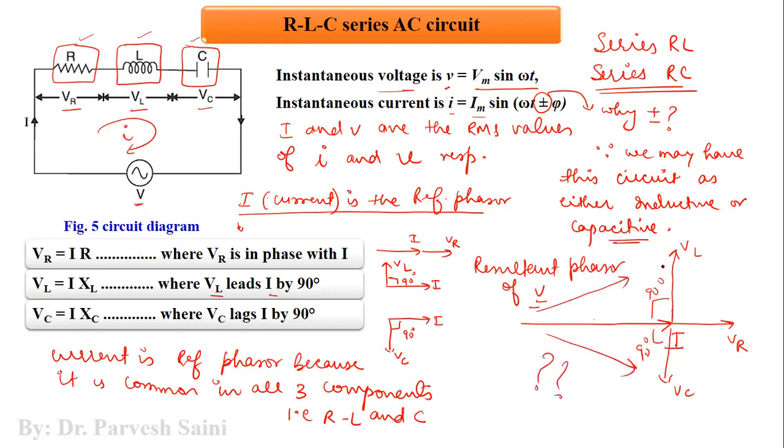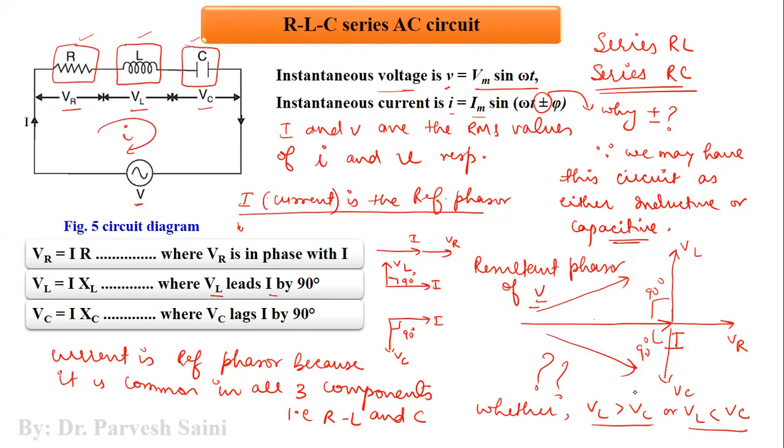Now, how will we come to know where we have to put the resultant phasor? That all depends upon whether your VL is greater than VC or VL is less than VC. So whichever will dominate. If inductor dominates, then the resultant phasor would be on the upper side.